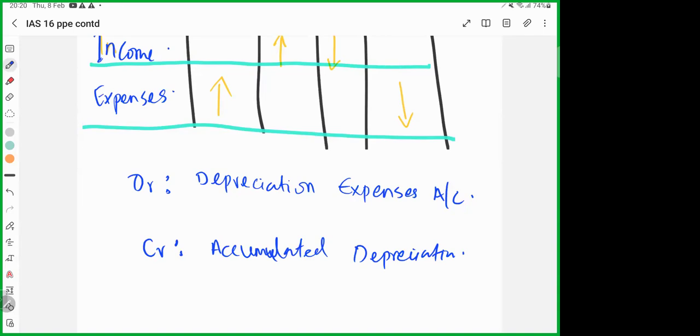You debit depreciation expense and you credit accumulated depreciation. Sometimes some books, without crediting accumulated depreciation, will straight away credit the cost of the asset account. And that is not accepted by IAS 16.